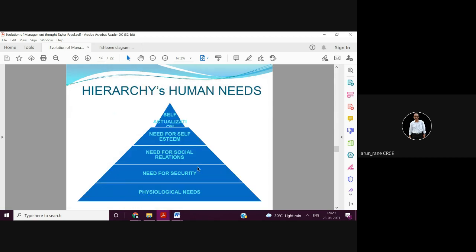Sometimes the management believes that we don't believe humans, we believe machines, and that's why they encourage automation. They will not recruit laborers, they will not recruit people, but they will give more importance to automation. That is, they will try to make the plant fully automatic, unmanned, and that is what is called the ghost factory.